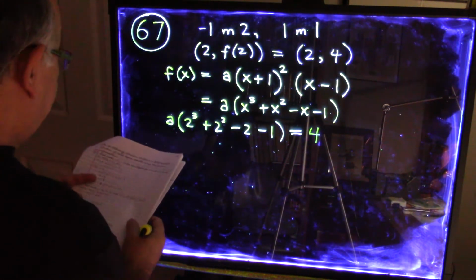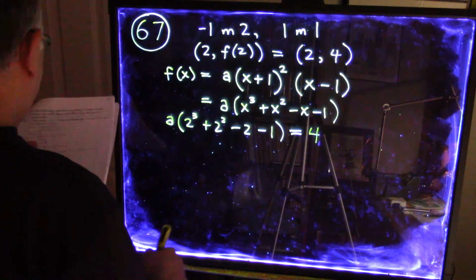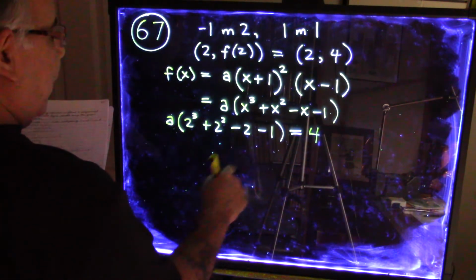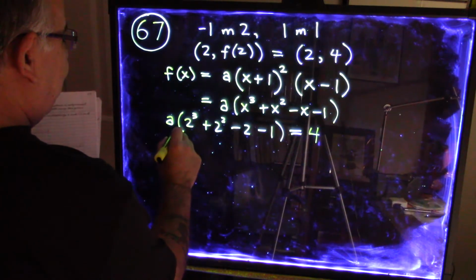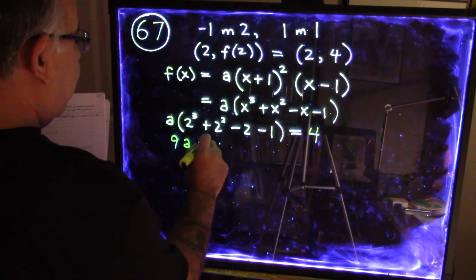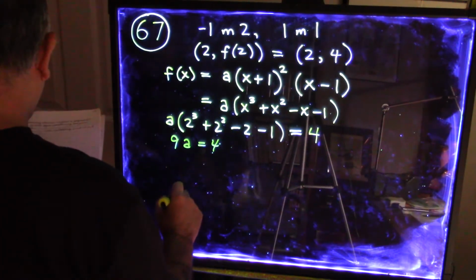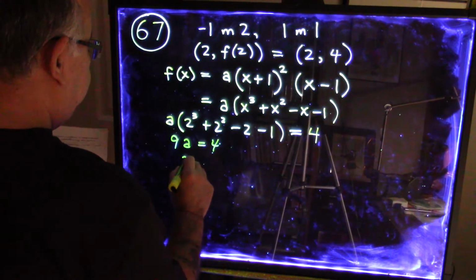Alright, now it's easy to solve for a. Okay, so all of that equals 9, so 9a equals 4. And of course a equals 4/9.